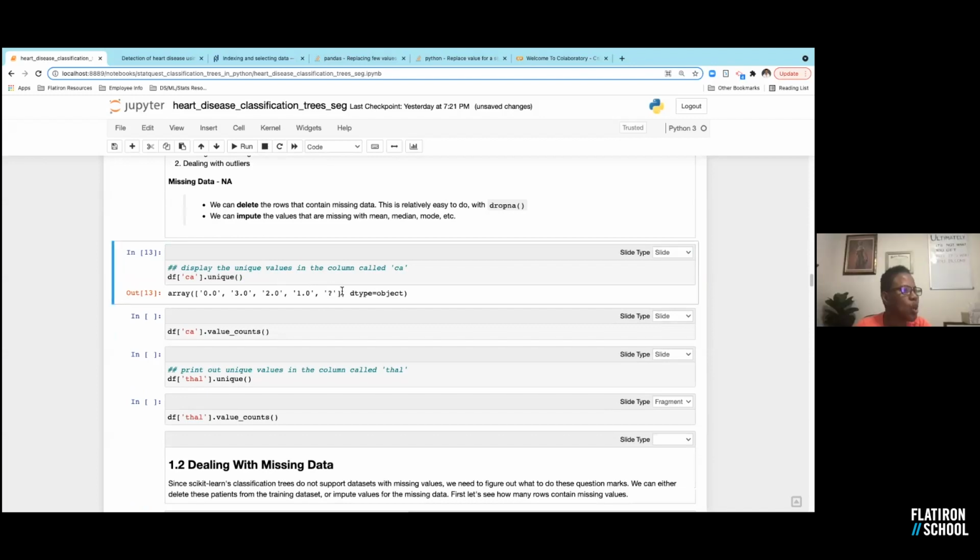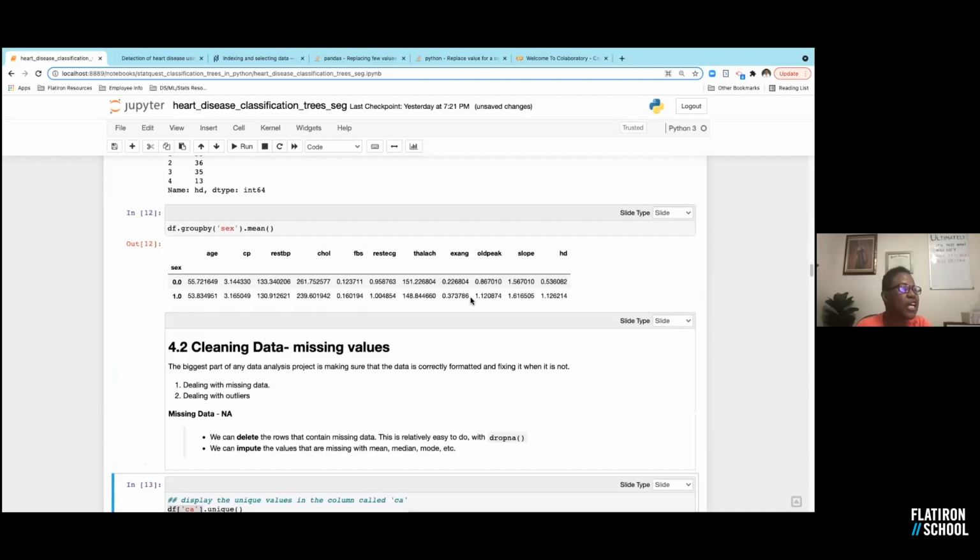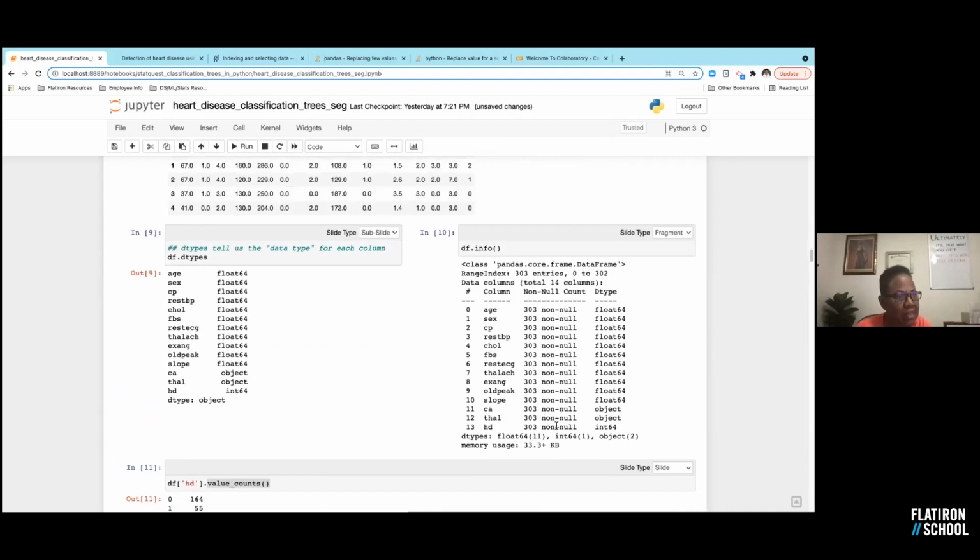Okay, so now you notice when I did nunique, which is another method we can apply to the data frame, the series or the columns of the data frame, it gives you all the unique values. And here we have 0, 3, 2, 1, and question mark. Interestingly, when we looked at the data set here, we noticed that it says no, none, null.